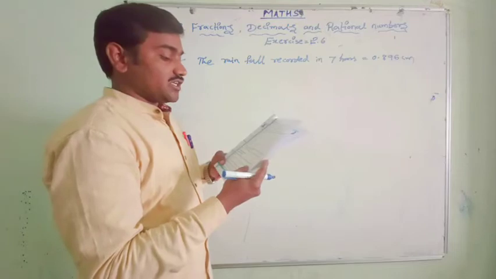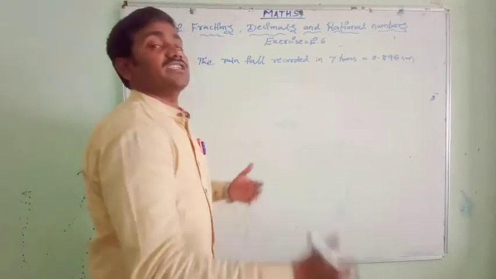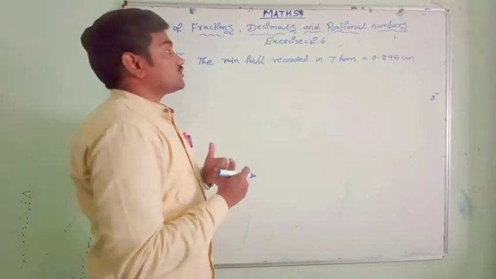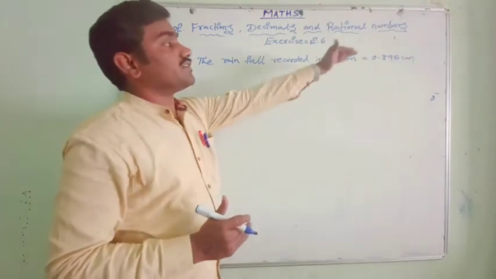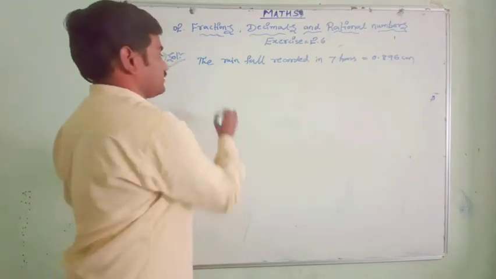What is the average amount of rain per hour? In 1 hour, how much rain falls? So the rainfall in 7 hours is 0.896. In 1 hour, the rainfall we need to find out.